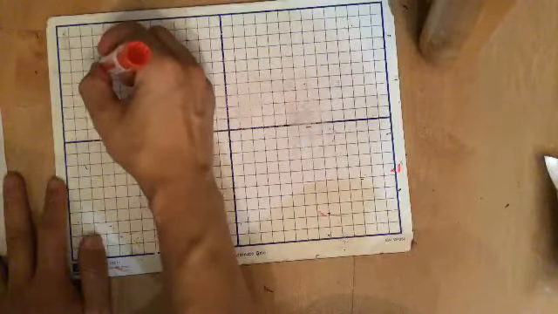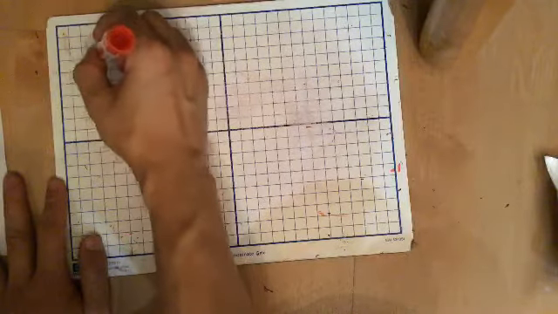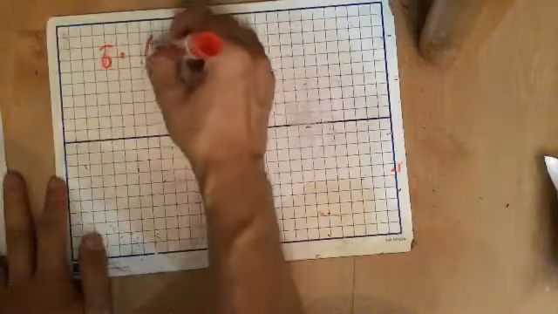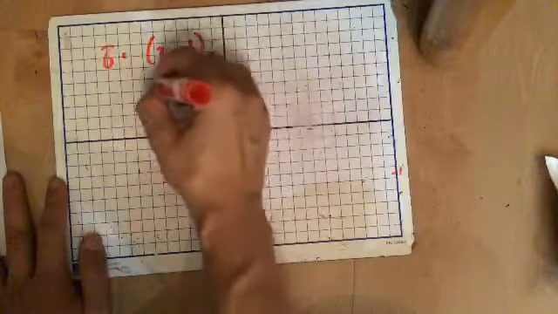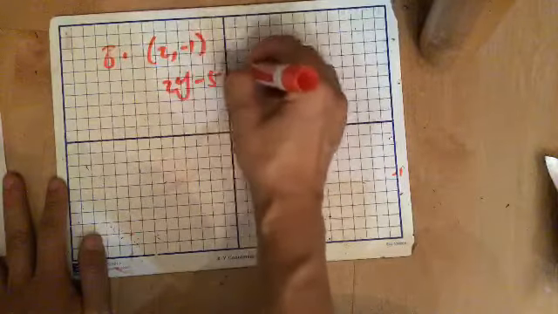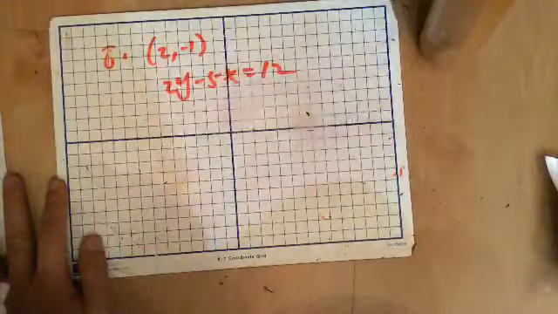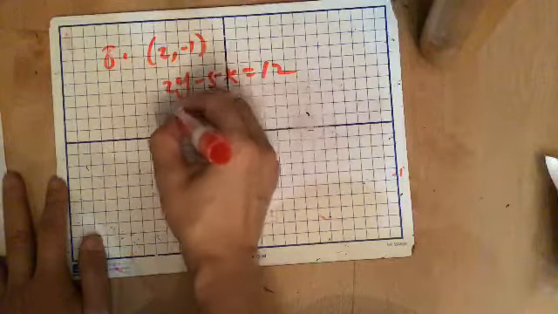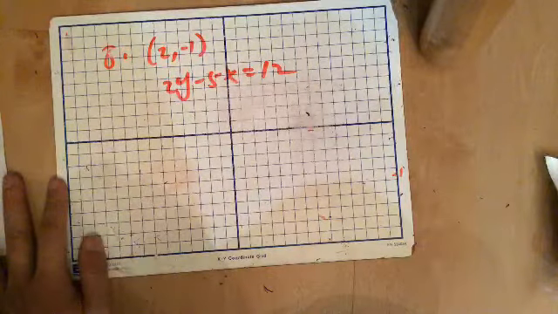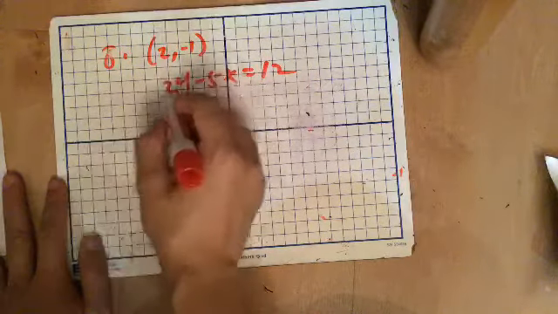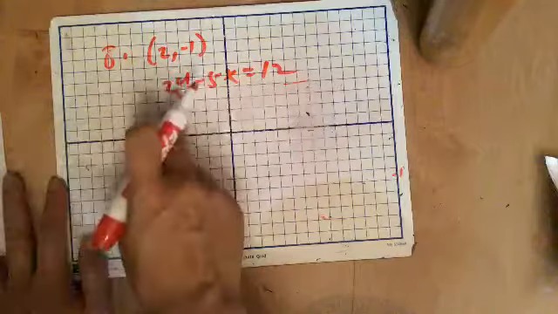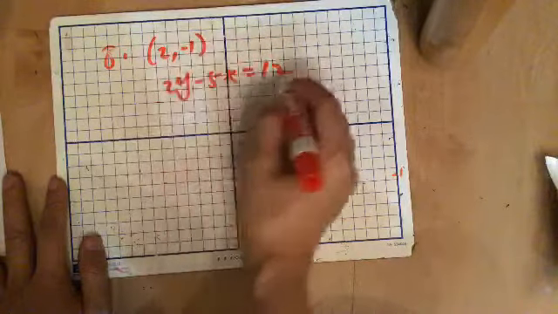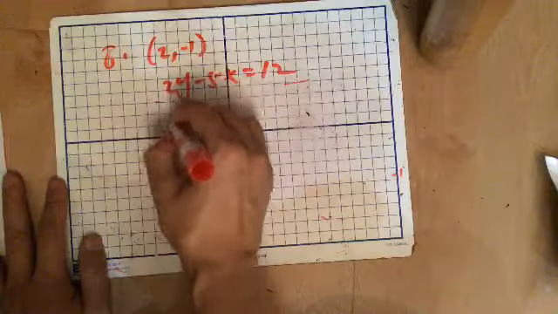So the point here is we're going to do number 8. Number 8 is actually 2 and negative 1 parallel to 2y minus 5x is equal to 12. So I'm actually going to use this equation to find the slope, just like what we did in class. We're going to move that to the other side.